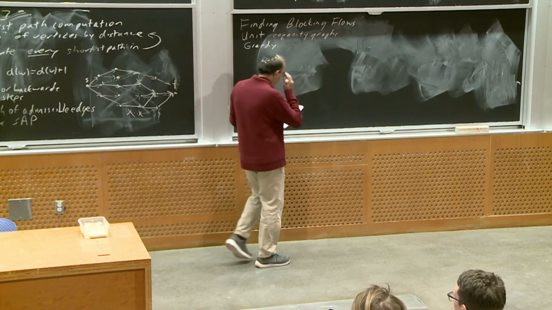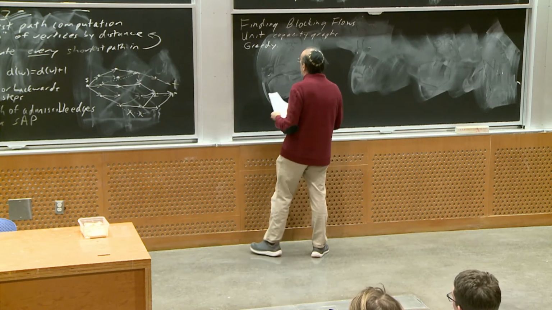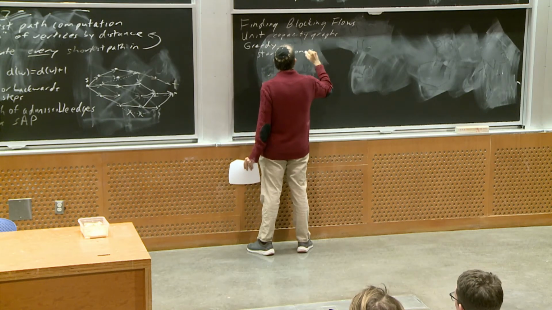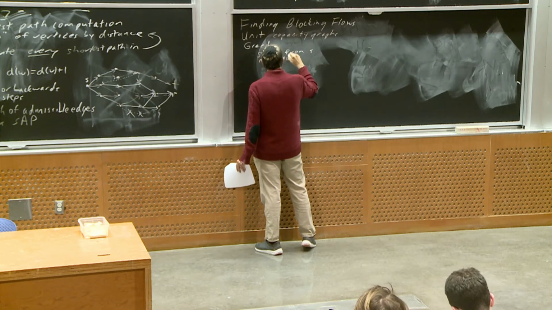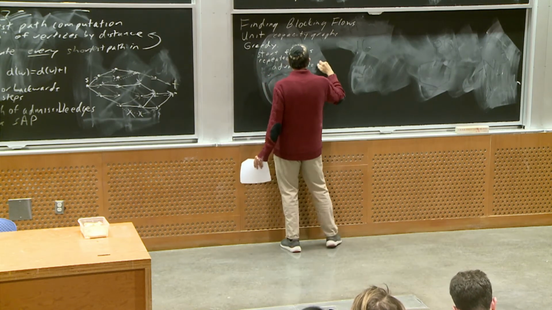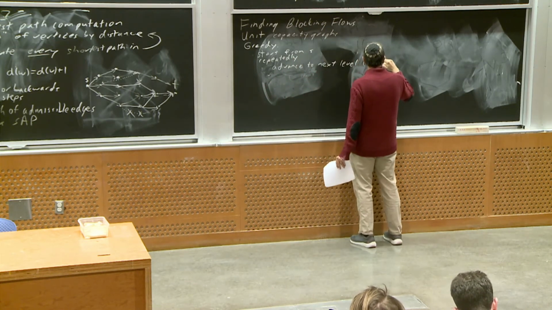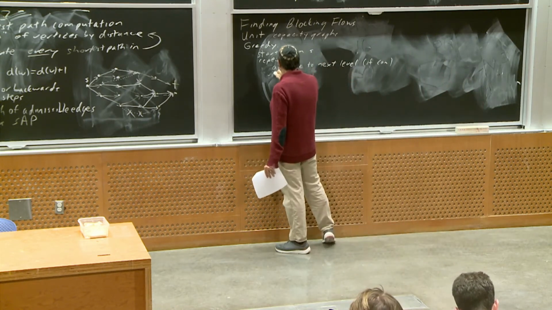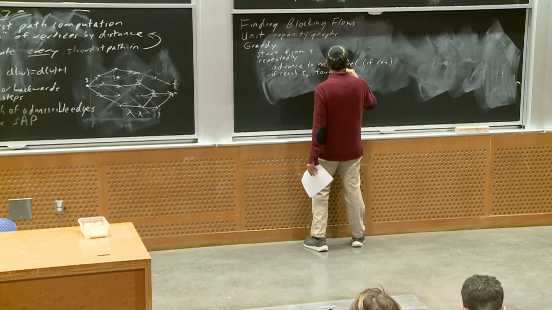So let me use some terminology that's helpful for analyzing this. I'm going to start from S, and I'm going to repeatedly try to advance to the next level of the admissible graph, if I can, right? And if I reach T, I found an admissible path.